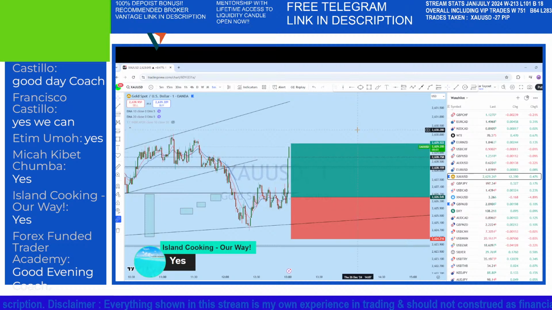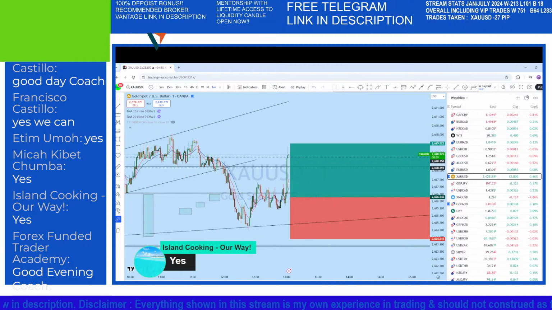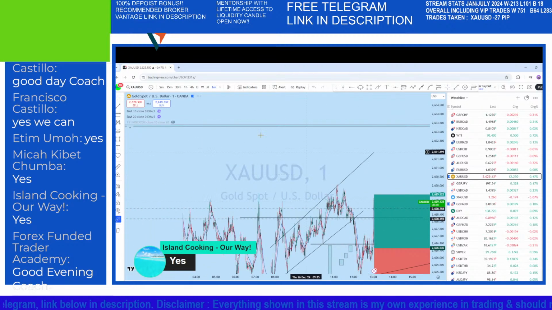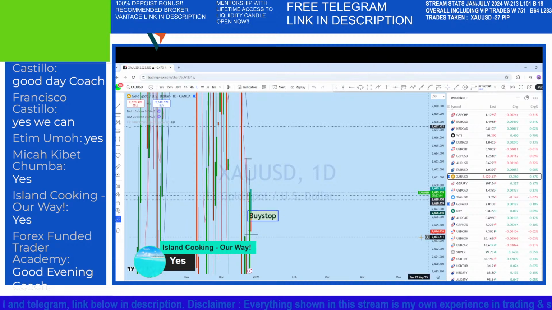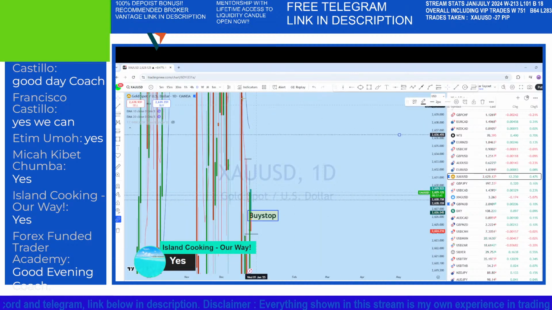So we need to look at the market to always give us the best possible outcome. So I think we might see it ultimately going back to the daily 20 EMA.